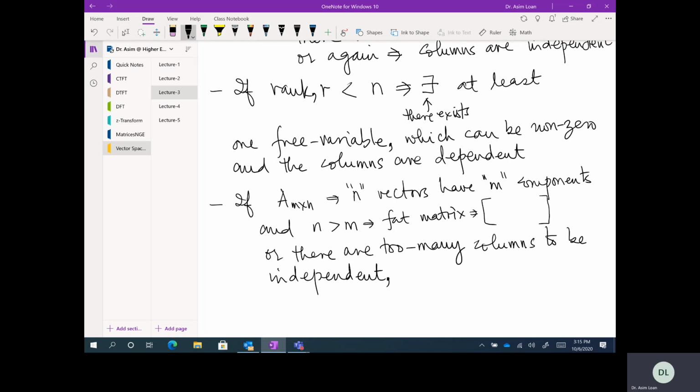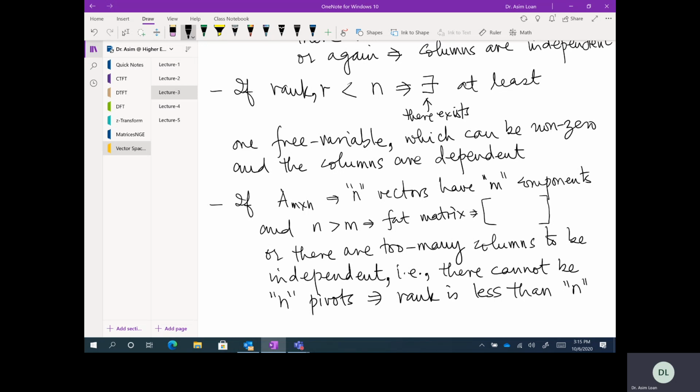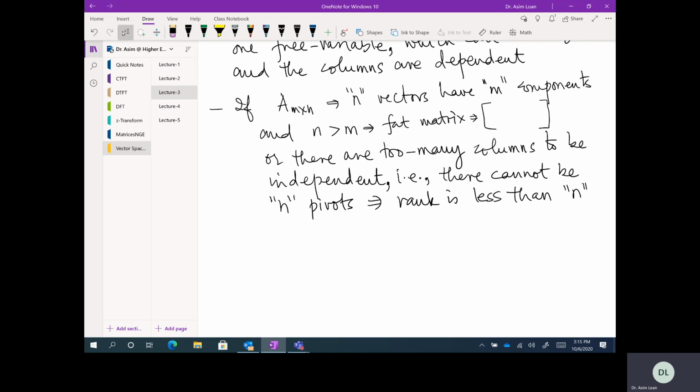Why? That is, there cannot be n pivots, which implies rank is less than n. And that's what I said, the rank is actually the minimum of m and n.